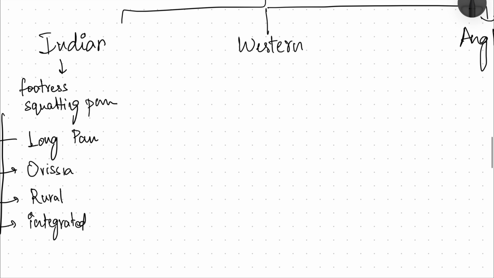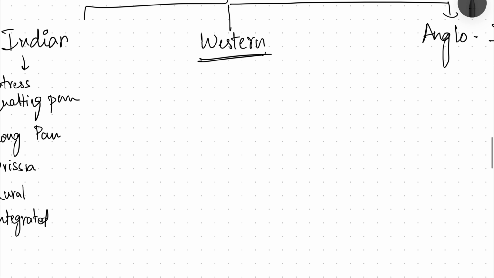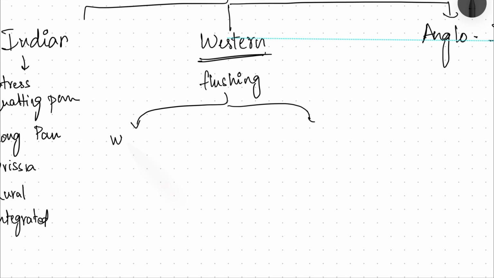Then we have Western. Western is basically where you sit on it and do your business. But it can be categorized into two types depending upon the flushing mechanism. One is wash out or wash down closet, and the other is siphonic closet.